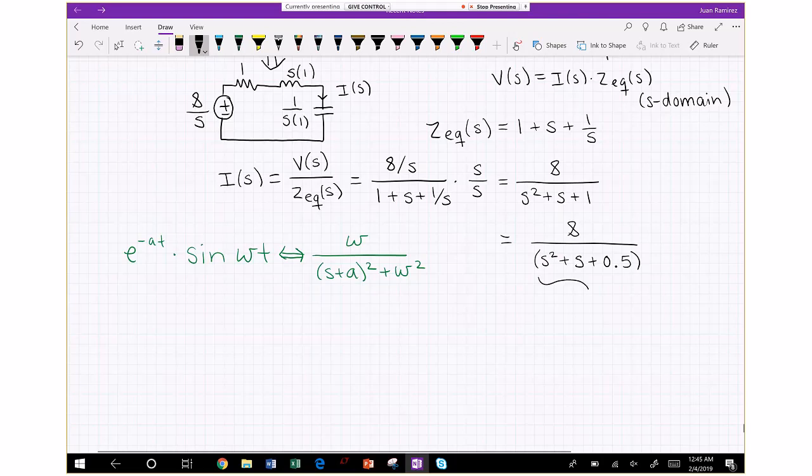This guy right here is equal to s plus 0.5 squared. Well, that's fine, but we had a constant of 1, here we only have the 0.5, so out here, you have to add the 0.5 as well. That way, these two denominators are still equal.